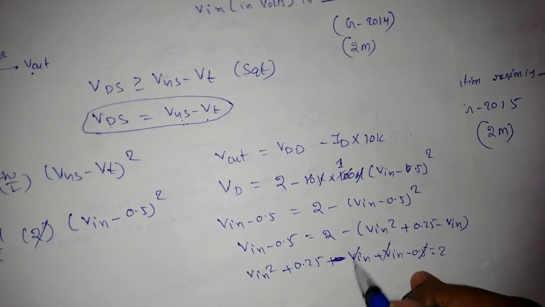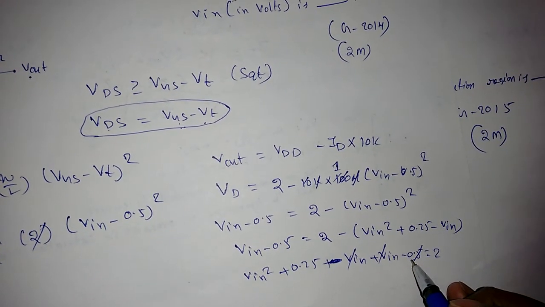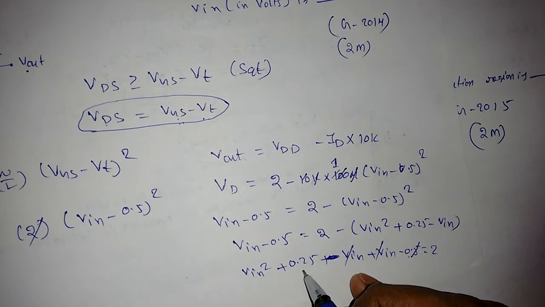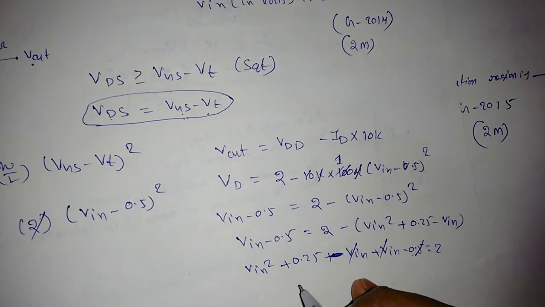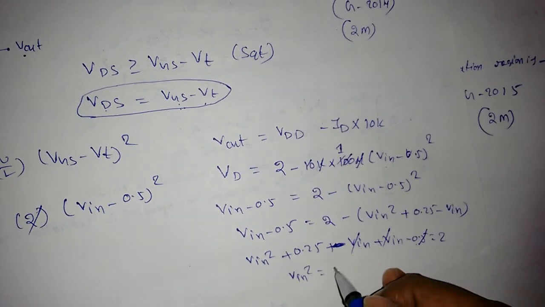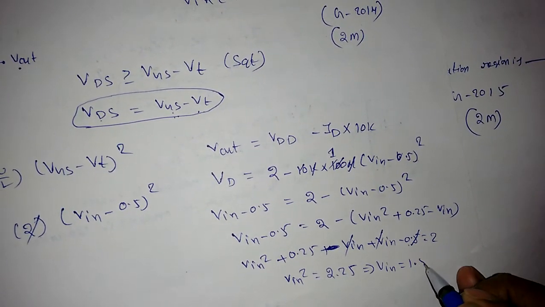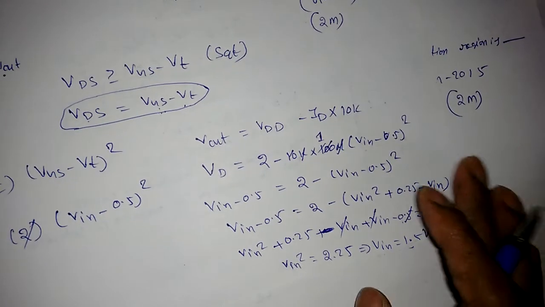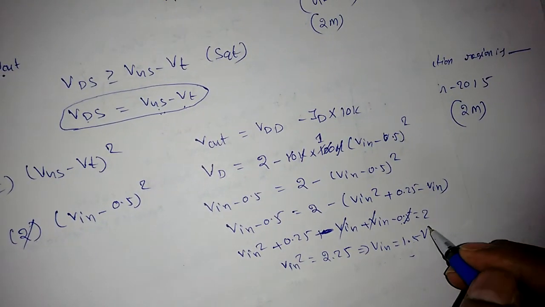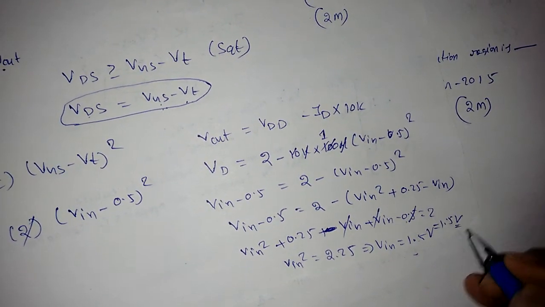So plus Vin minus Vin will be cancelled, minus 0.5 plus 0.25, so we will get minus 0.25. So Vin square is equal to 2.25. So Vin is nothing but 1.5 volts. So this is how to find the Vin as 1.5 volts.